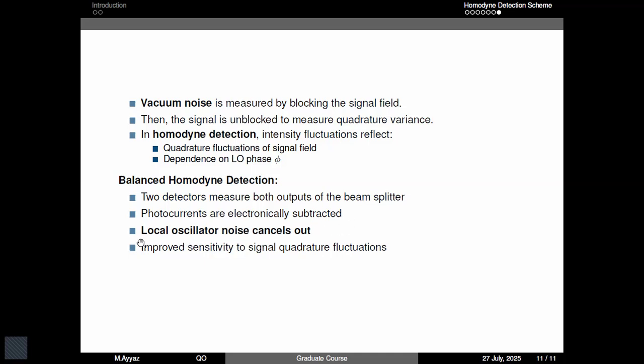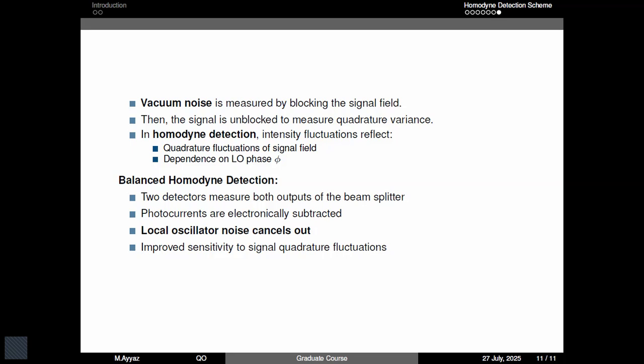We get eliminated and clean quadrature fluctuations, cleaned from the local oscillator noise. So we can get very clean results using this kind of technique.